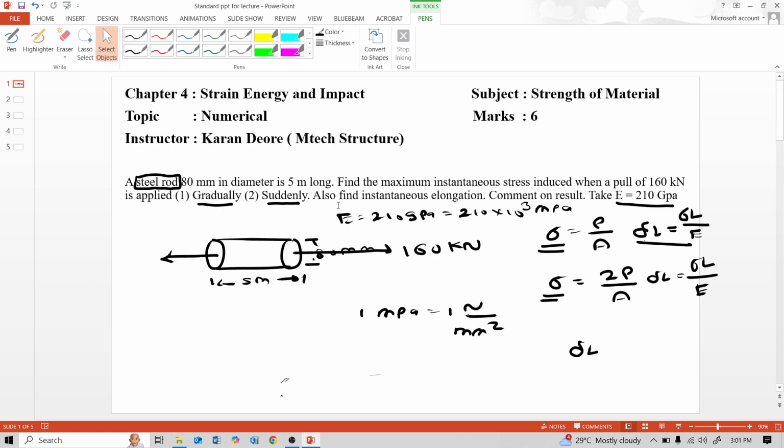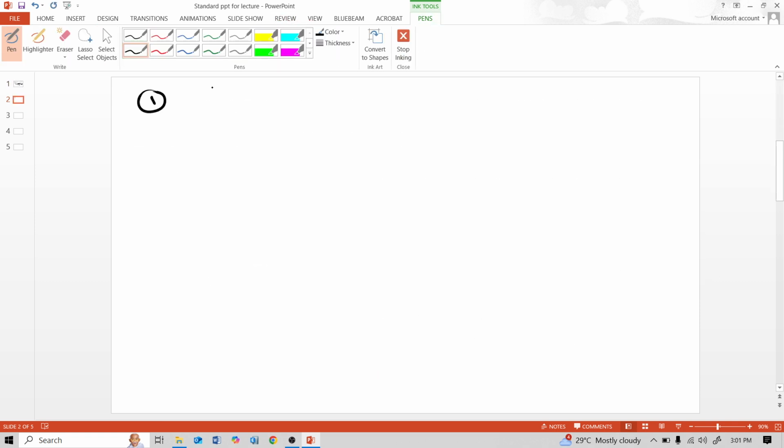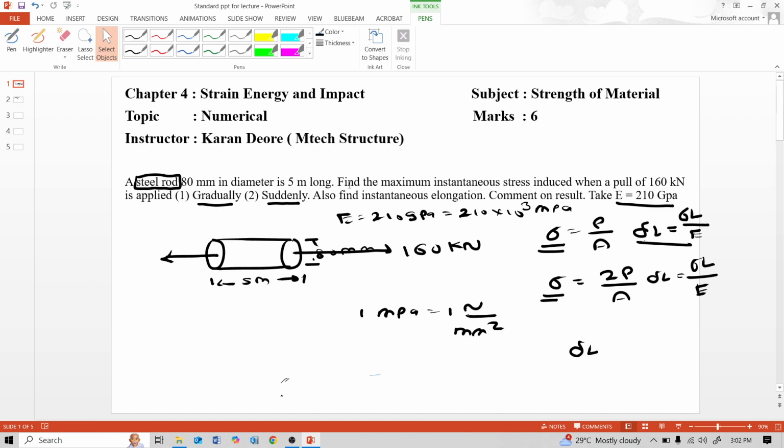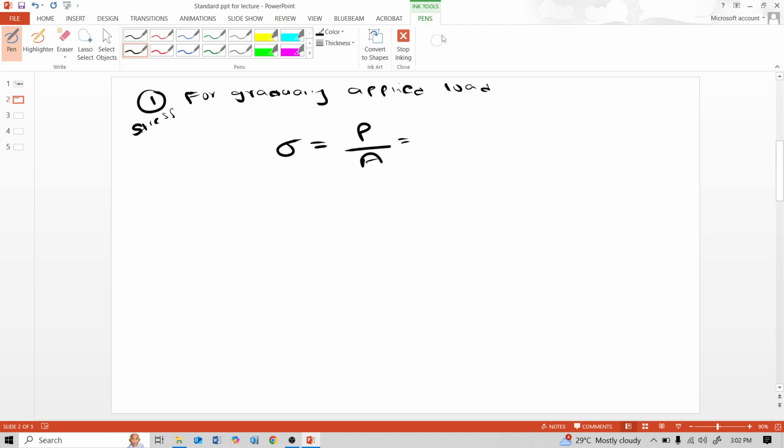First, stress for gradually applied load. It is P by A, and P is 160 kilonewton. Convert the kilonewton into Newton: 160 into 10 raised to 3 Newton, and upon area, which is pi by 4 into diameter 80 mm, 80 square.